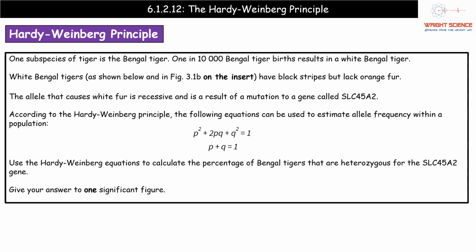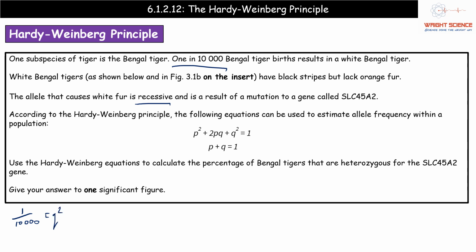So first thing, we know obviously that we're looking at our recessive trait first of all, and we're told that 1 in 10,000 is white. So we can do our 1 divided by 10,000 to work out obviously our Q squared.